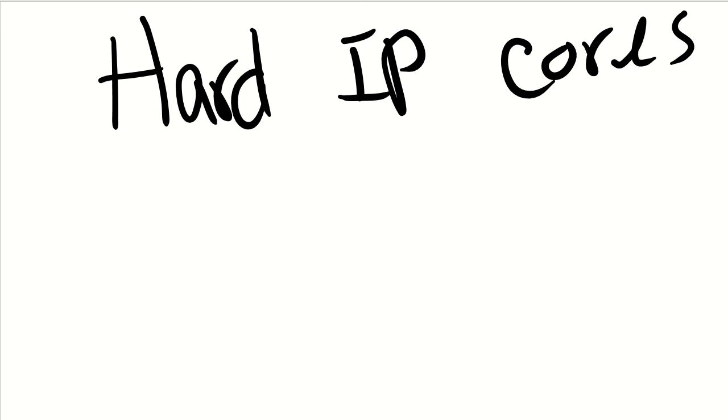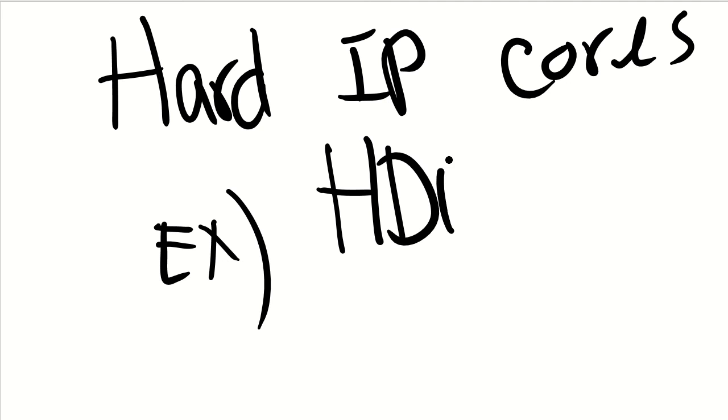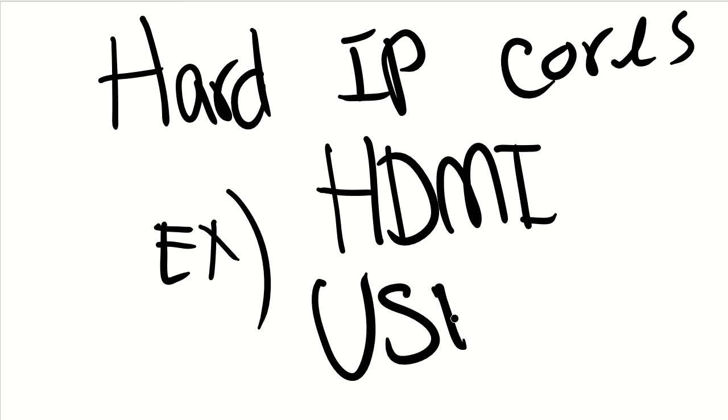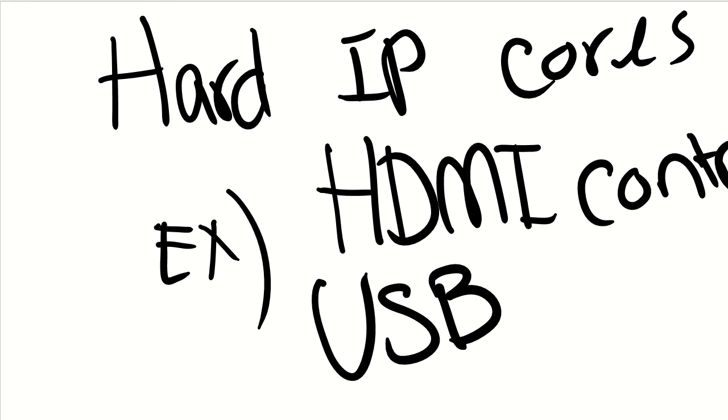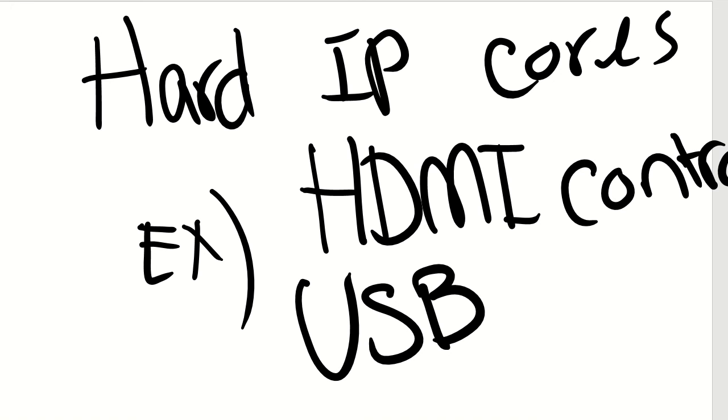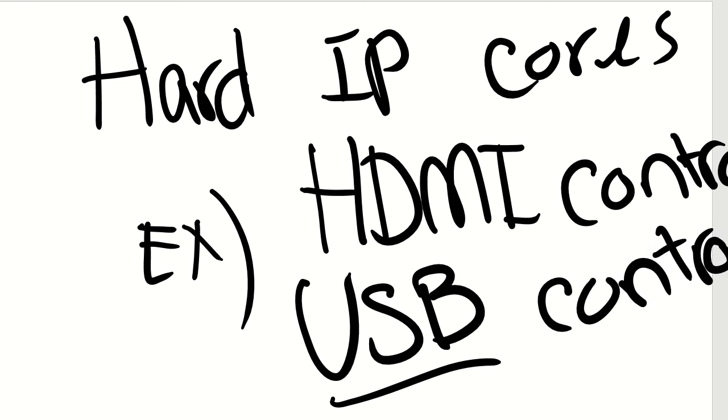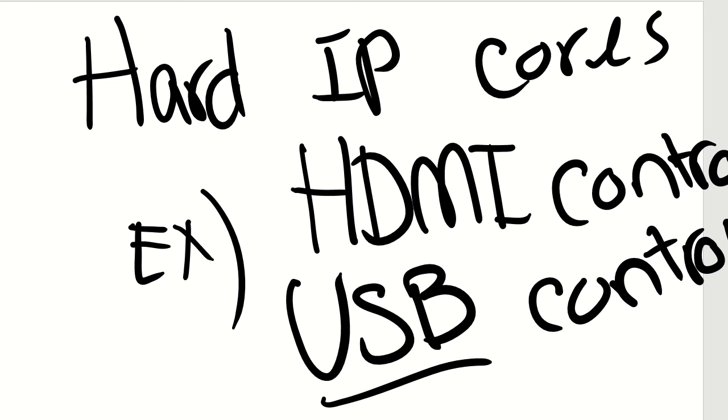For example, when you connect your board, you need a library or hardware block to control HDMI output or USB. So an HDMI controller is an example of IP cores, or USB controllers, and so on.